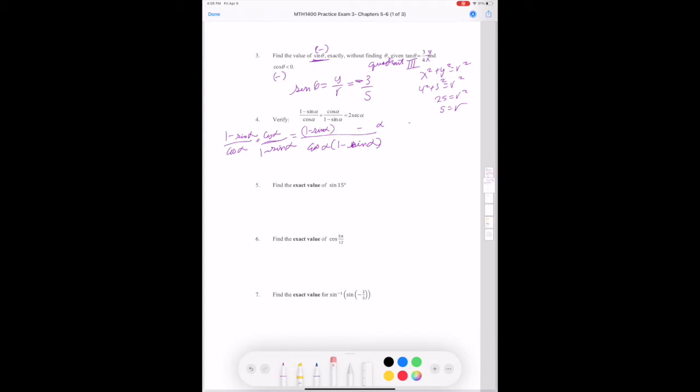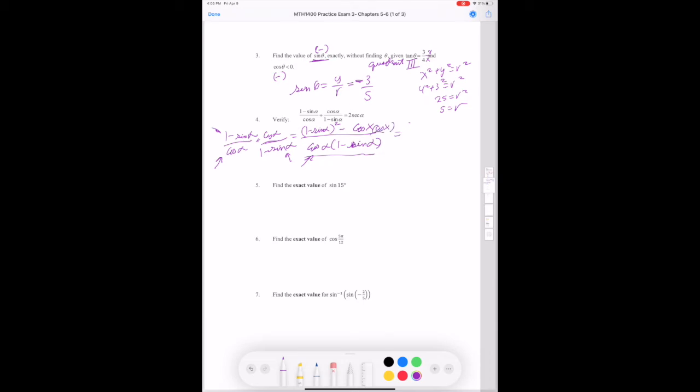In order to get this to have a denominator that looks like this, I have to multiply by 1 minus sine of alpha. And then in order to get this to look like this, I have to multiply by cosine of alpha. So it's going to be cosine alpha times cosine of alpha. Then we FOIL everything out.